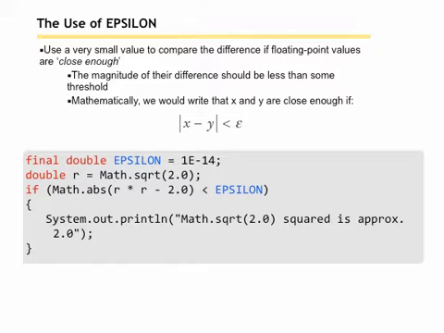It's r squared, so we're looking at the absolute value of the difference. If we get the square root of 2 and multiply it by the square root of 2, we should get 2 again. And if the absolute value of the difference is very, very small, we say that they are equivalent.